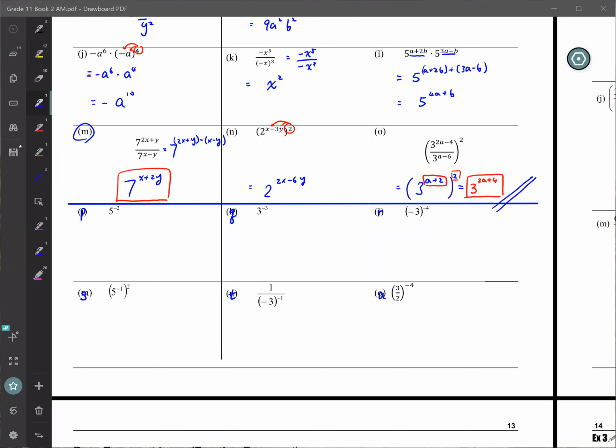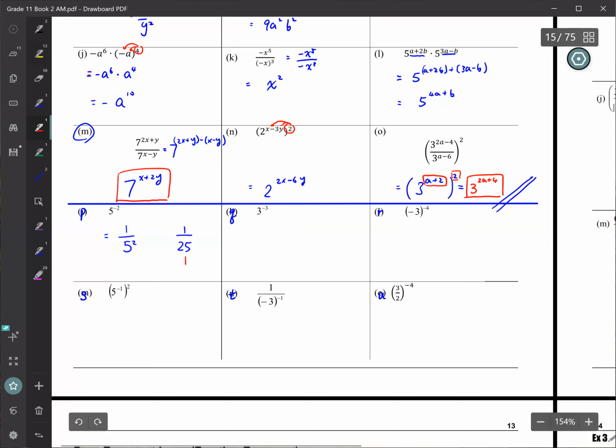Okay, I'll help you out with question P. So you leave your answer like this. You don't need to evaluate. If they tell you to evaluate, this is called evaluate. This is simple.